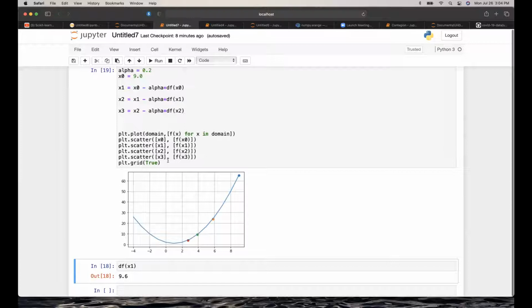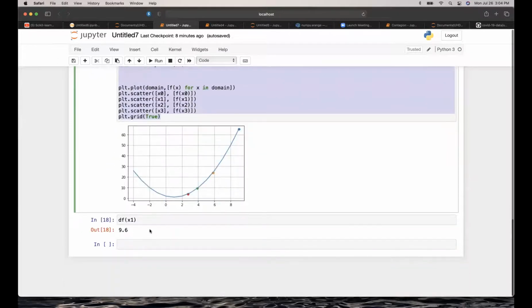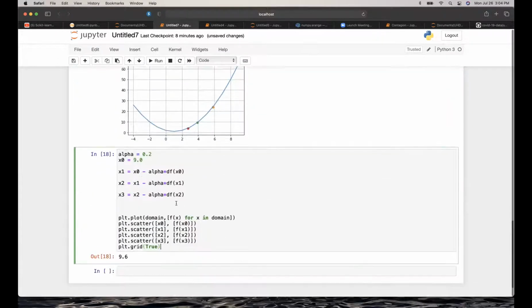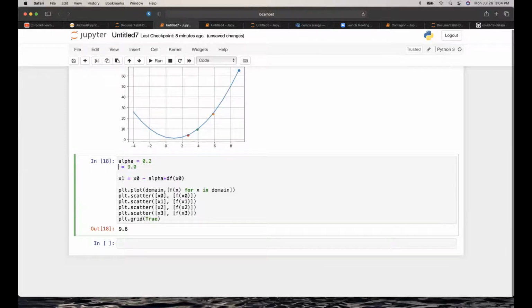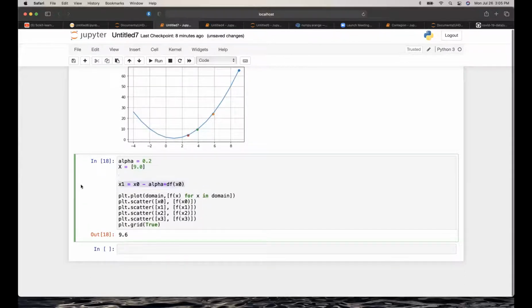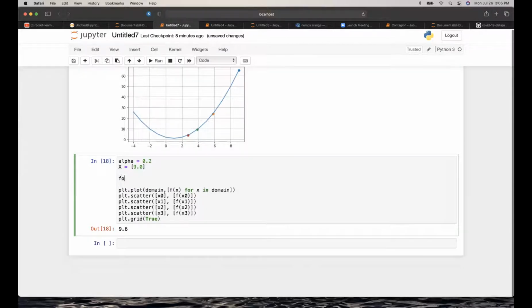So how can I do this all in one go now? Let me see. Let's copy everything in this cell, and I'm going to put it down here. Instead of doing it like this, I'm going to say capital X is equal to a list with that. And then you can write a for loop. So for underscore in range, I don't know how many times you want to iterate it.